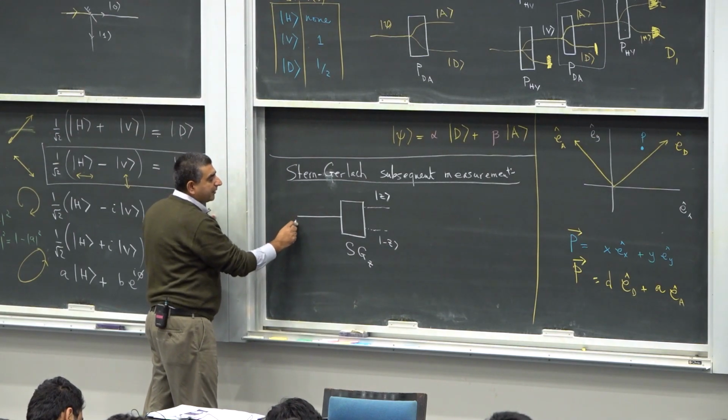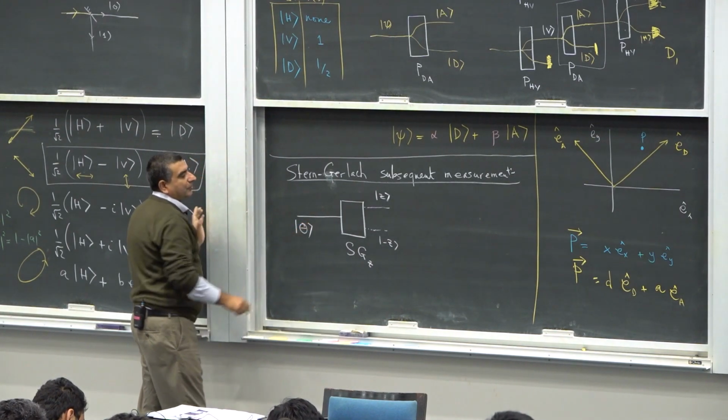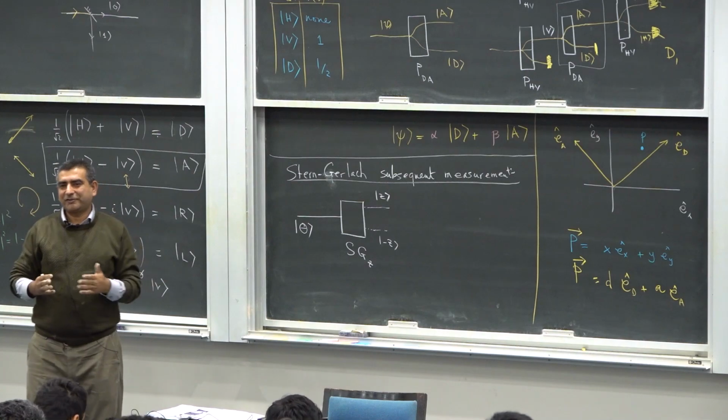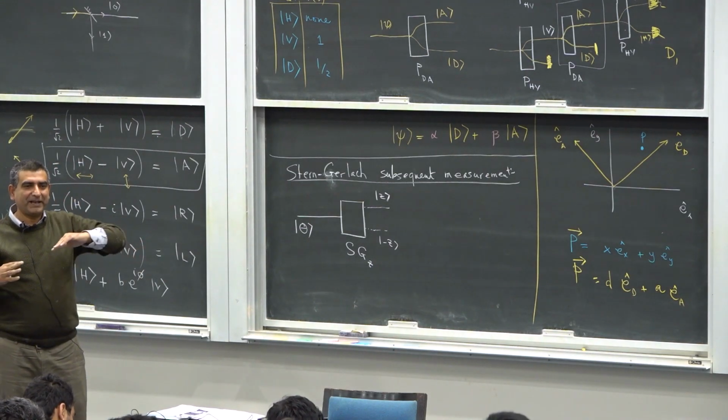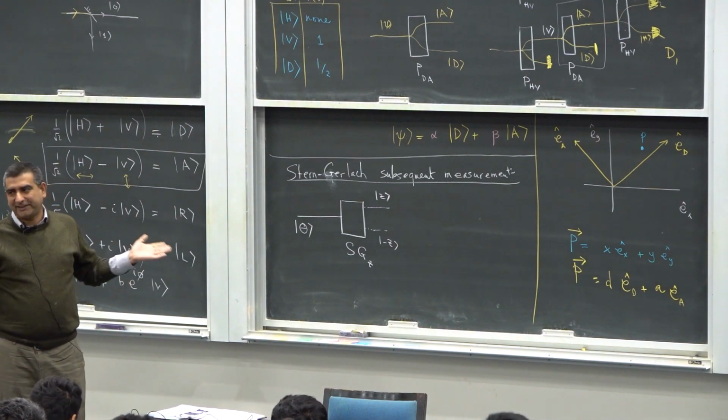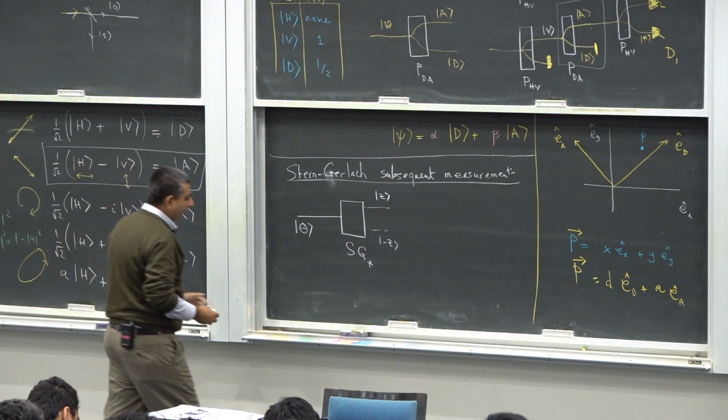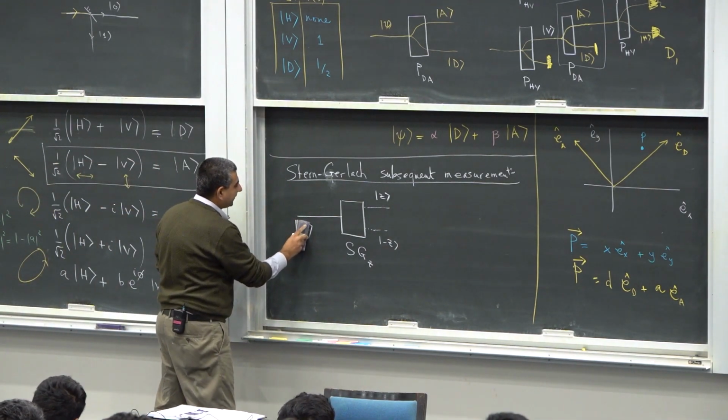I take some orientation of the spin, any orientation, theta. Could be x, could be z, could be in between, anything. Or for consistency, let's call it psi.